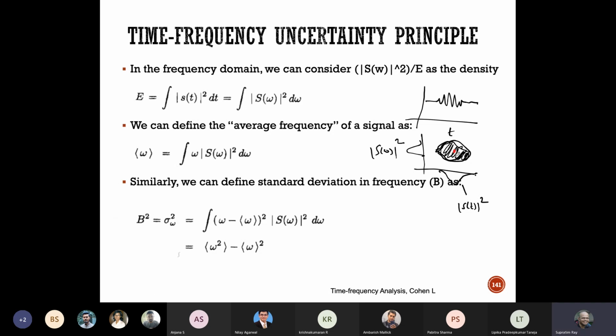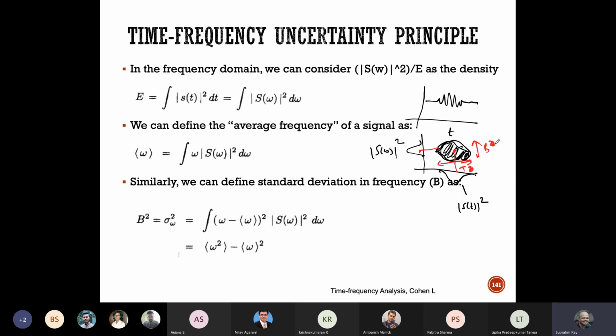The mean time is going to be this time here and the mean frequency is going to be this, and the standard deviations here are your sigma t and sigma omega, oh sorry, the variances.